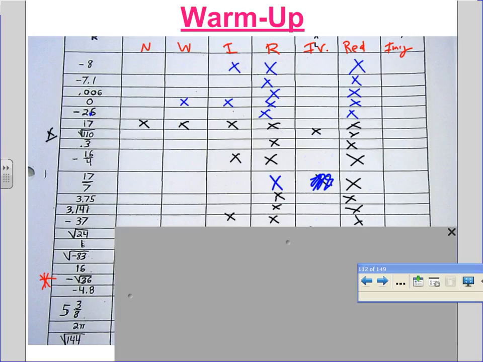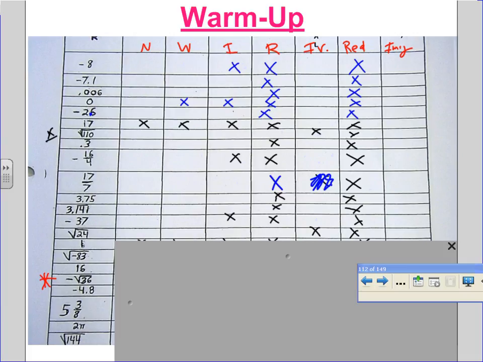Ray, want to do the next one? Any mixed number, improper fraction is rational. Yep. Ray, you want to do square root of 24 for us? Good job. Irrational, real.